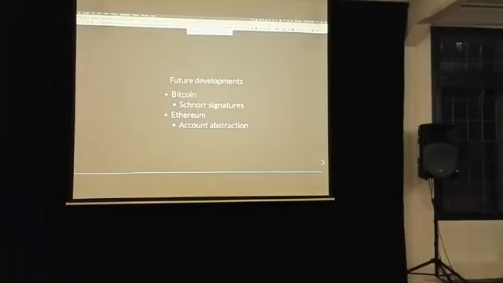And Ethereum is fiddling with this thing called account abstraction, which moves the entire elliptic curve and digital signature layer to the EVM, which means that you will be able to do any sort of crypto in the EVM. So you will not be restricted to elliptic curve cryptography, and you will be able to use custom crypto to verify your transactions. So that's pretty cool.